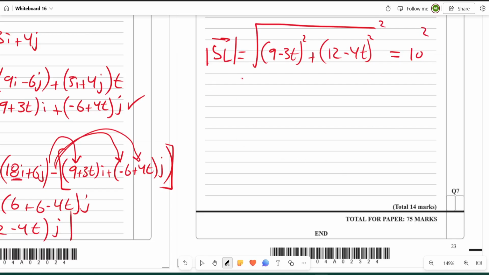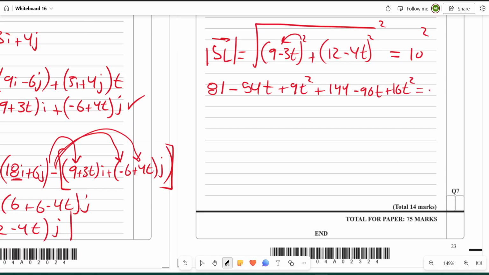I'm going to expand this side. First squared, so 81. And then first times second times 2, so 9 times negative 3 times 2 is minus 54t. Then negative 3t squared is plus 9t squared. Plus same thing here, 12 squared is 144. 12 times negative 4t times 2 is minus 96t, and then negative 4t squared is plus 16t squared.